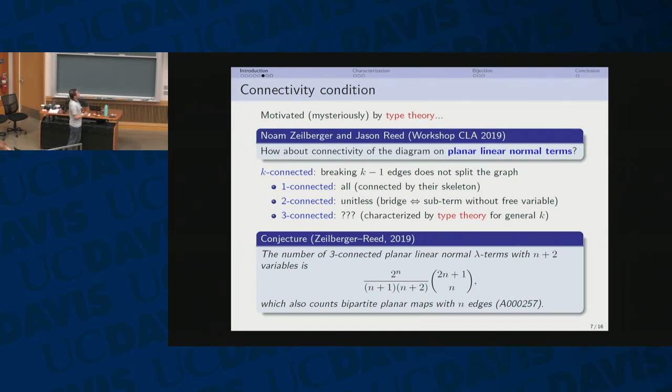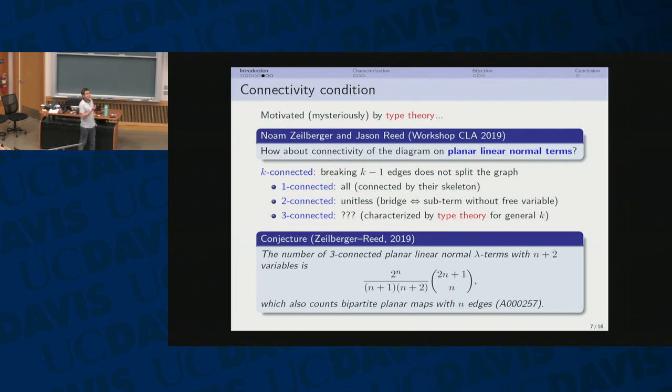Then we look at two-connected planar linear normal terms. Well, it's already a bit more complicated. It's two-connected, meaning that the only obstacle to two-connectedness is a bridge. And on a diagram, a bridge must be on the tree.